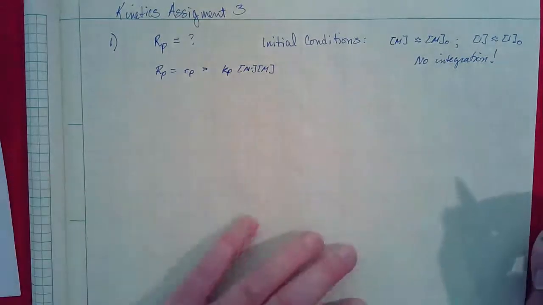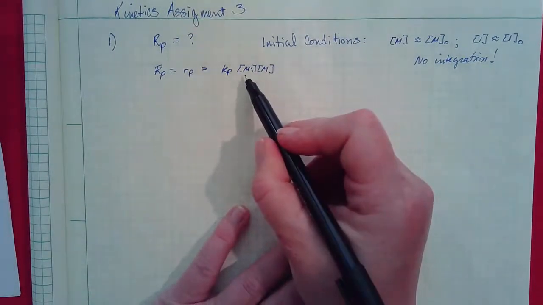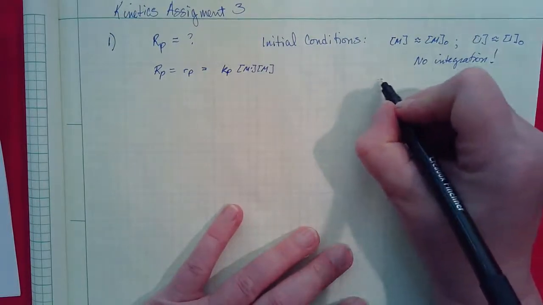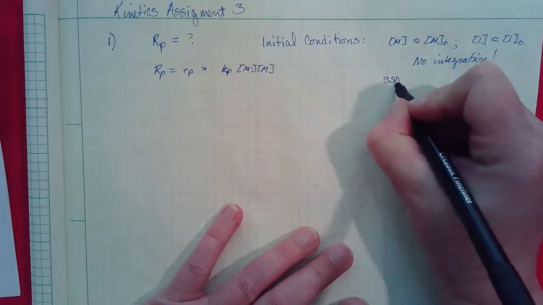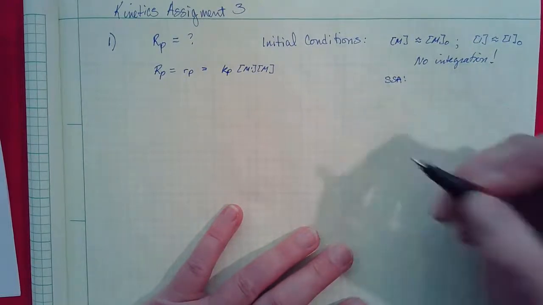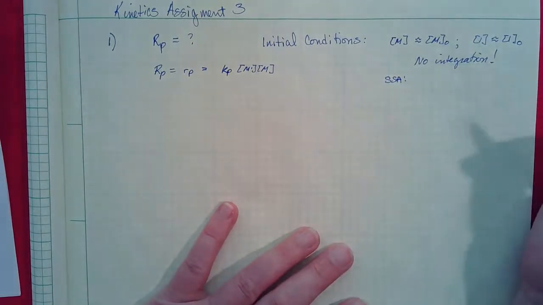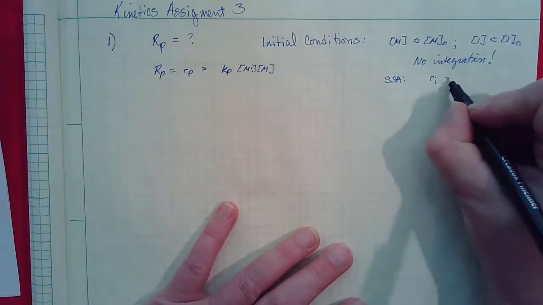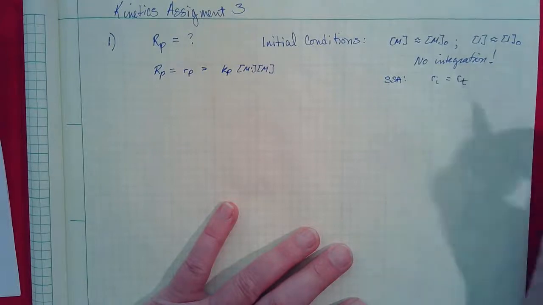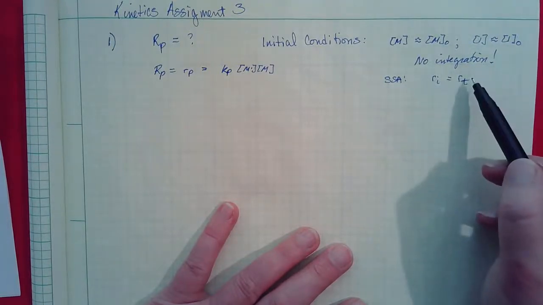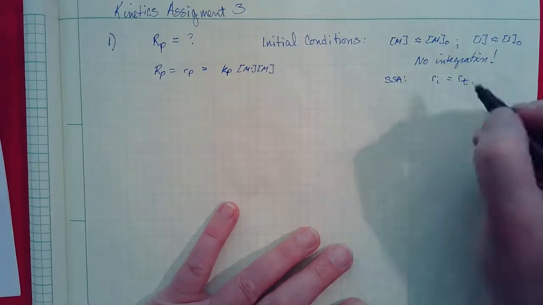Now, of course, we don't know the radical concentration, so hopefully you remember what we need to do. We need to make the steady state assumption. The steady state assumption assumes that the radical concentration is not changing with time. If the radical concentration is not changing with time, Ri has to equal Rt. When we form a radical, we have to kill a radical. Otherwise, radical concentration will change.